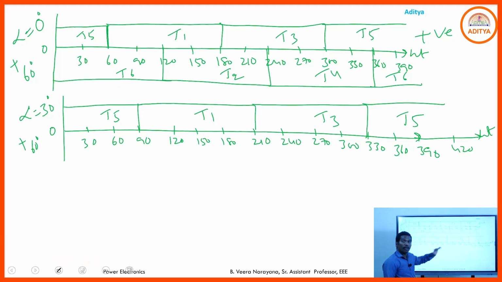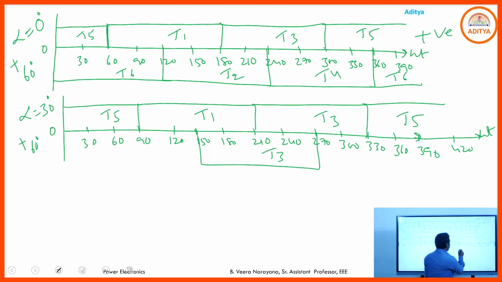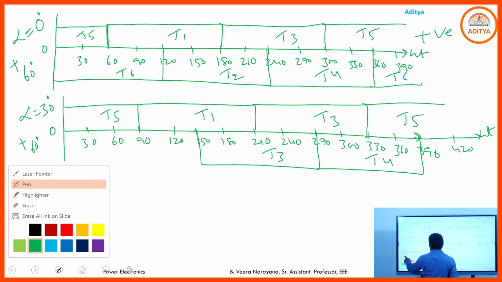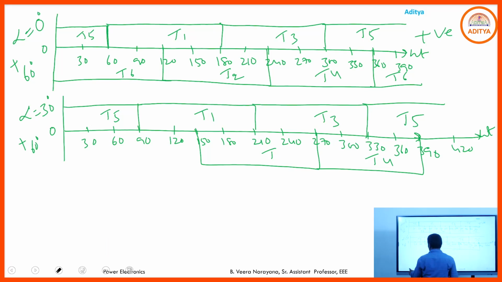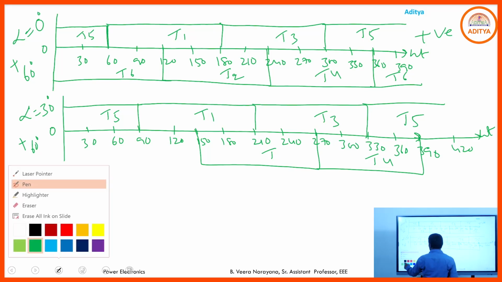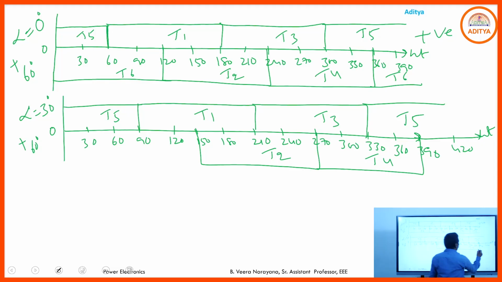Plus 60 degrees, that is from 150 onwards: from 150 to 270, and from 270 to 390, T4. This T2, T4, next T6.